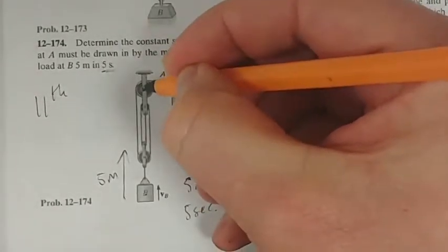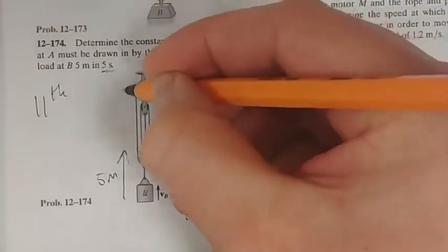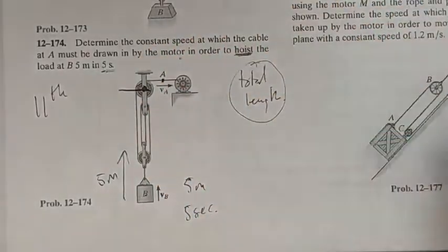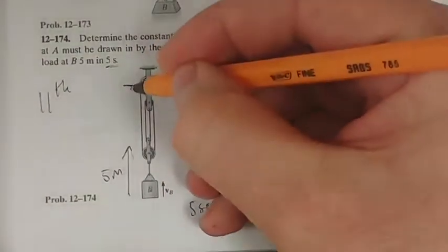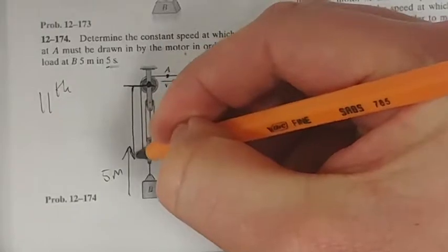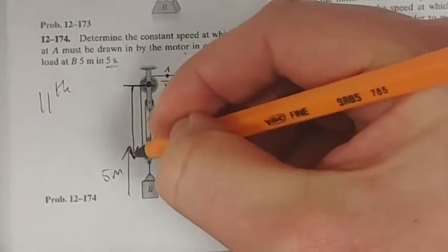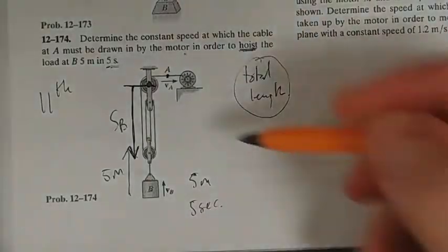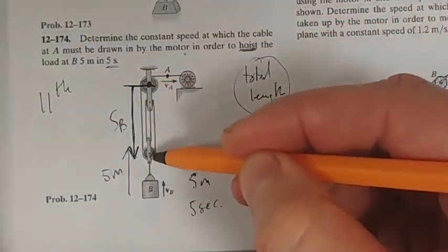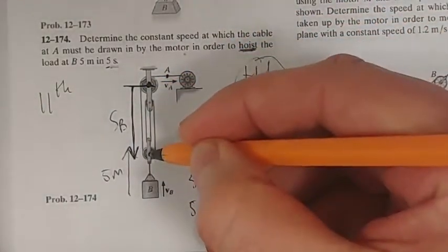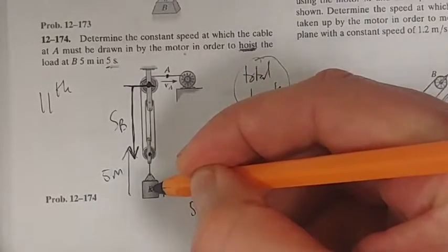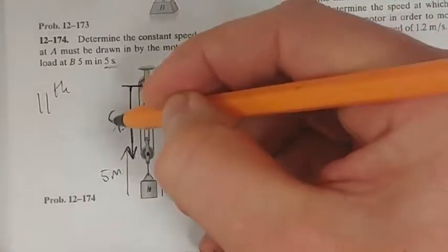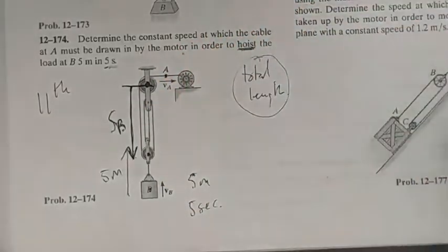We can use this as our fixed point, and there's the reference line. And down here, sorry that it's overlapping with that other arrow, that will be our SB, the position of this pulley, because that pulley moves with the same motion as block B.